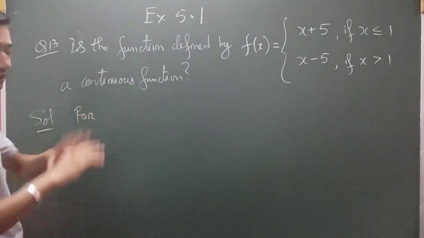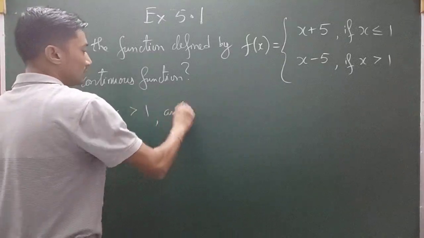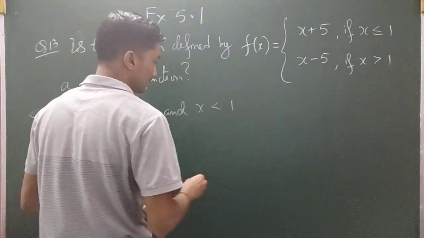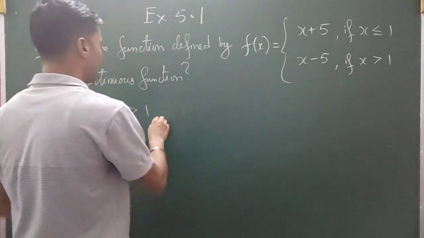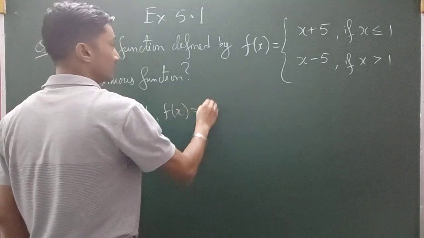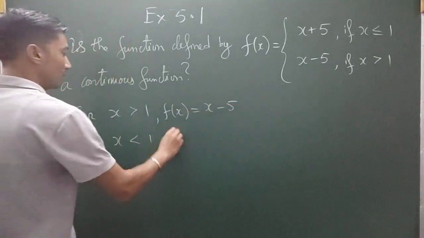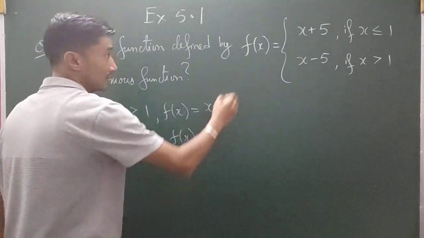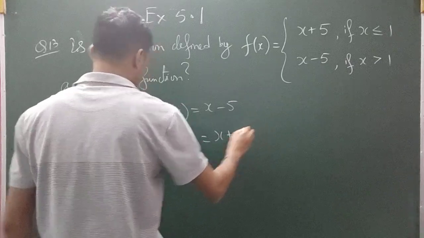I'm just going to write a summary only. For x greater than 1, the function f of x is x minus 5. And for x less than 1, our function is x plus 5.